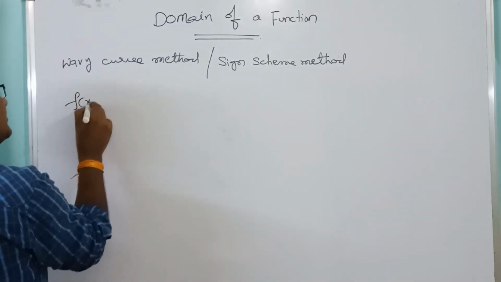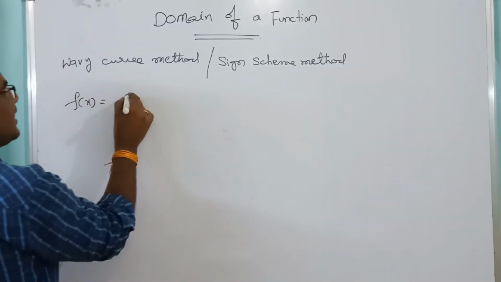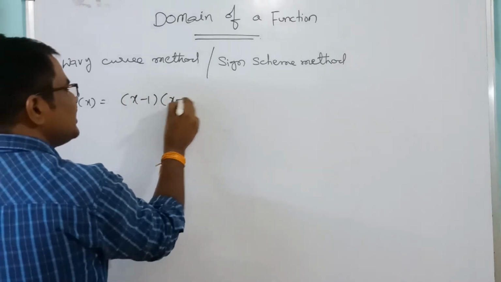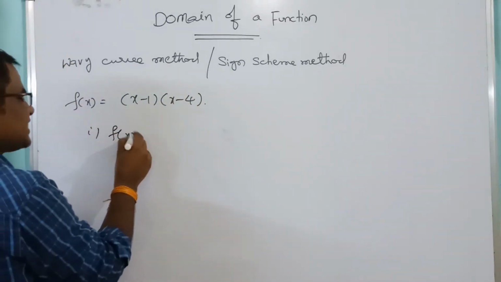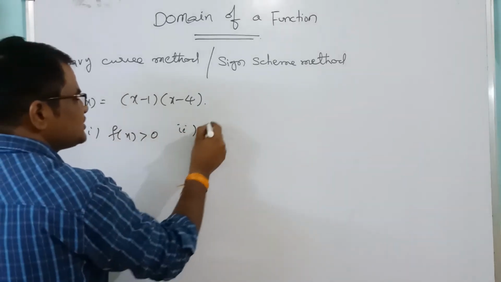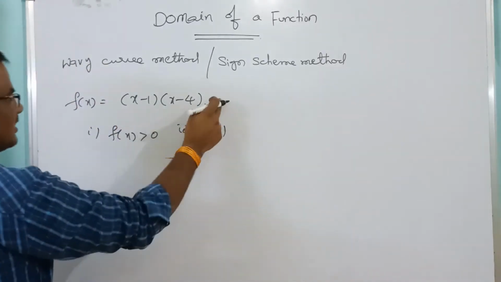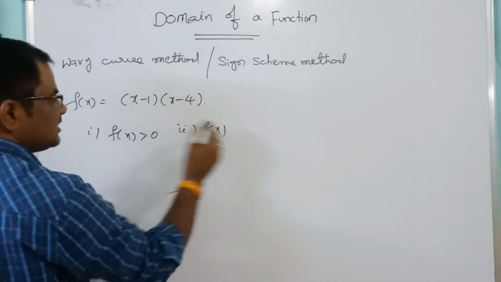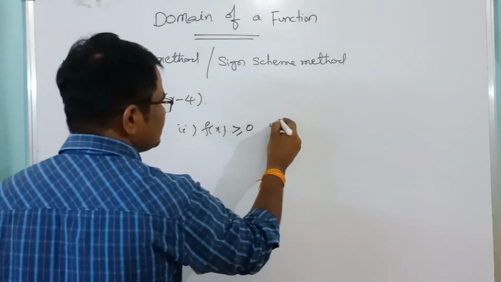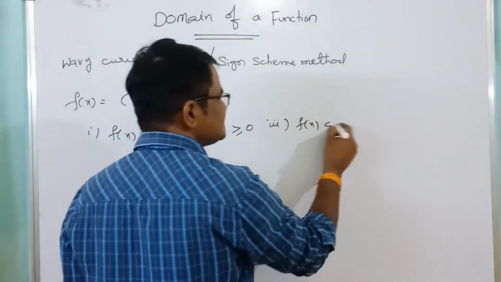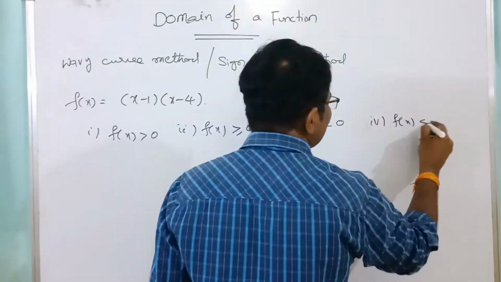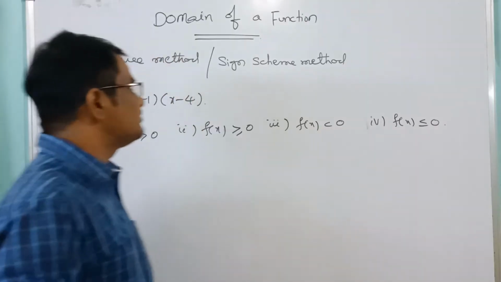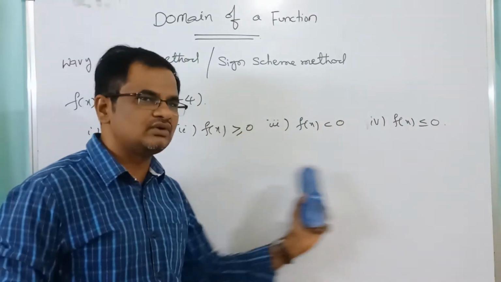Suppose one function is given: f of x equal to x minus 1 into x minus 4. We take four cases: when this expression is greater than 0, greater than or equal to 0, less than 0, and less than or equal to 0. By the wavy curve method or sign scheme method we will do the problem.